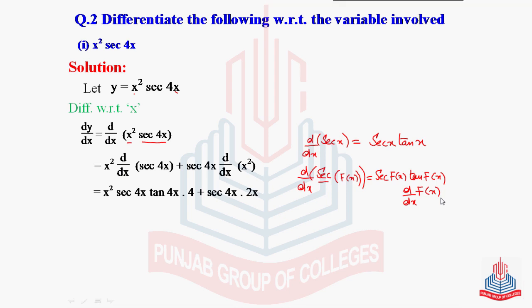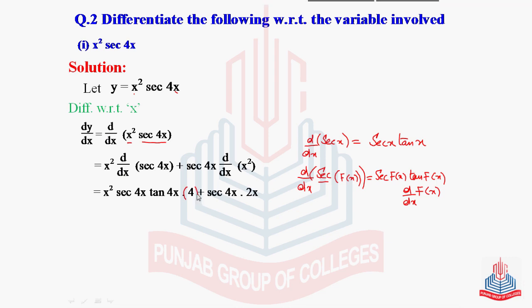So this is the process of differentiation of a trigonometric function with an angle which consists of a function itself. So that will become secant 4x, the derivative of secant 4x will be secant 4x tangent 4x, and then the derivative will apply on 4x, which will become 4.